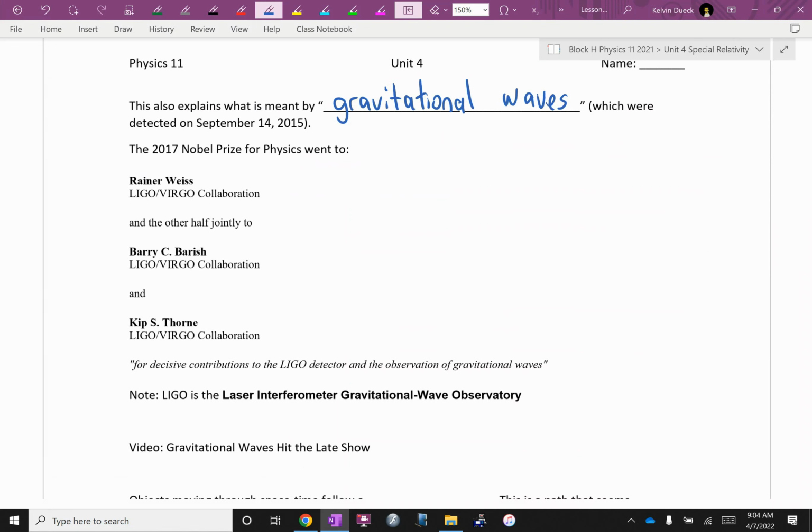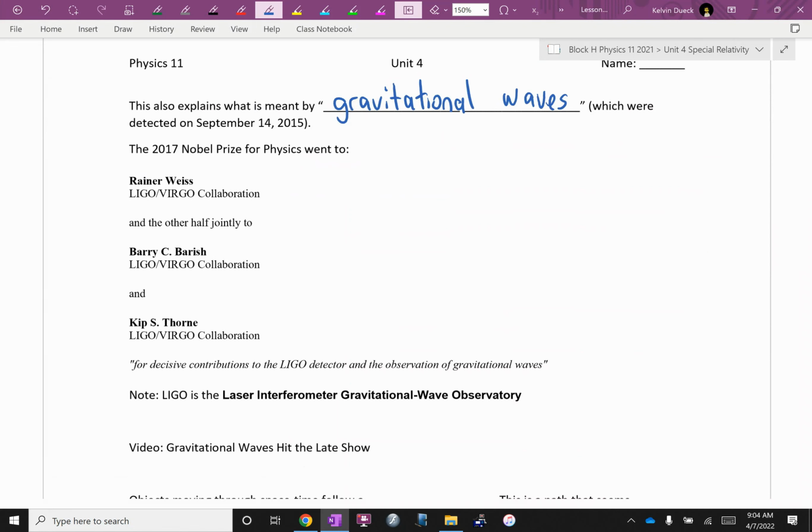Like you imagine on a trampoline or on that rubber sheet, if you were to pound it with your fist, you would send ripples across that sheet. Similarly, in the fabric of space-time, if we have large massive objects colliding, 2 black holes, for example, it sends ripples out through the fabric of space-time. And we have detected them.